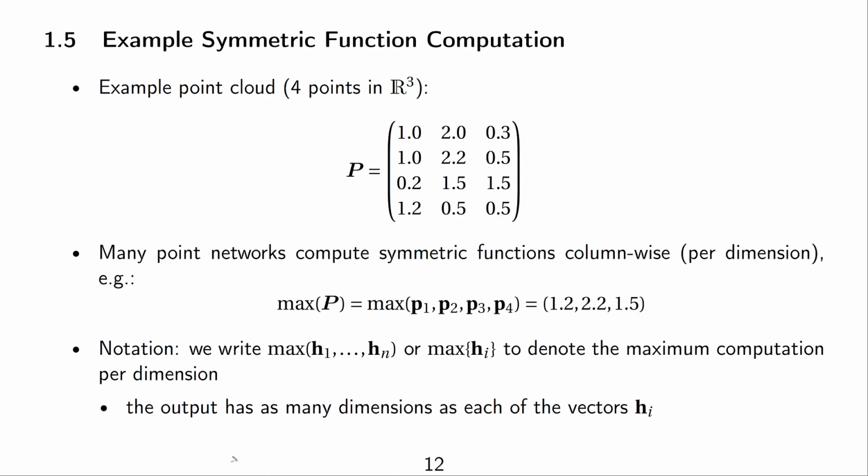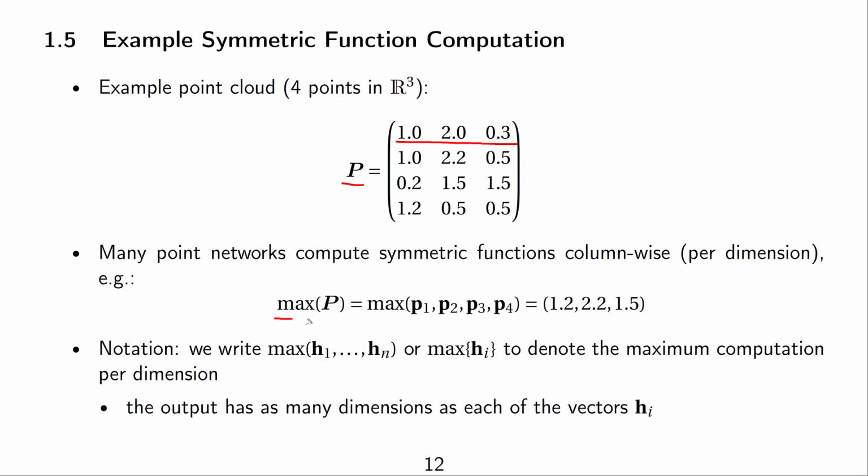Let's stay very basic. So we have one example point cloud P here, where we have 4 points, where each point is in 3D. So the first point is 1, 2, 0.3. In this representation, we compute symmetric functions column-wise per dimension.